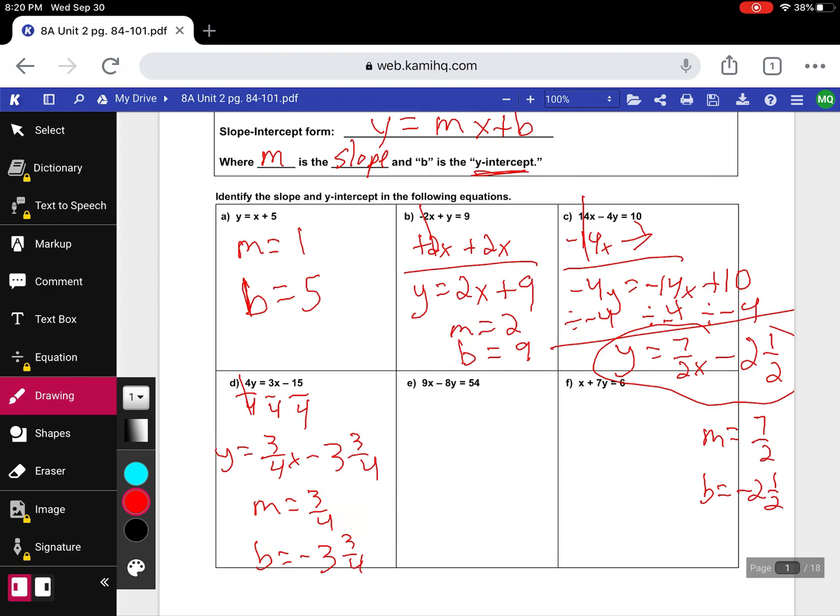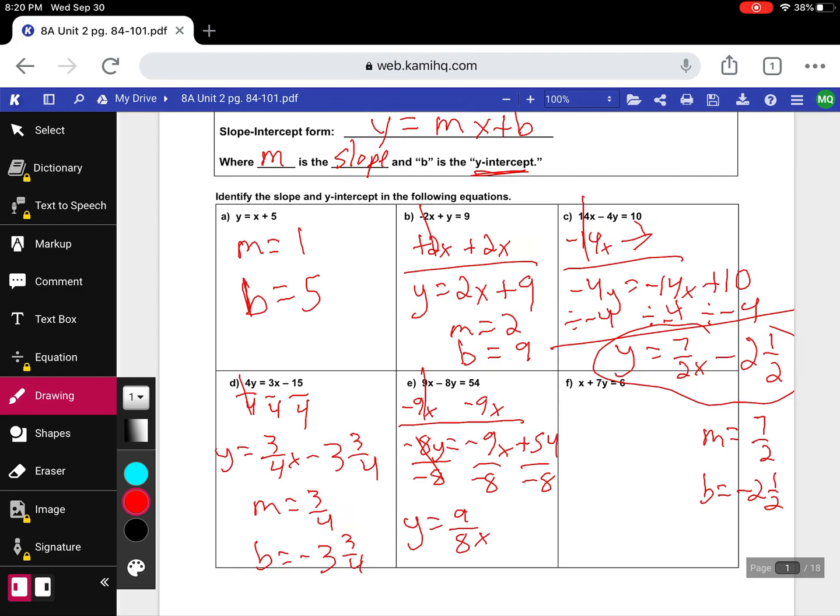Again, we have to get it in y equals mx plus b form. We've got to get that y by itself. So I'm going to move my 9x over. I get negative 8y equals negative 9x plus 54. I'll divide by negative 8. I get y equals, a negative over a negative is a positive, 9 over 8 x.